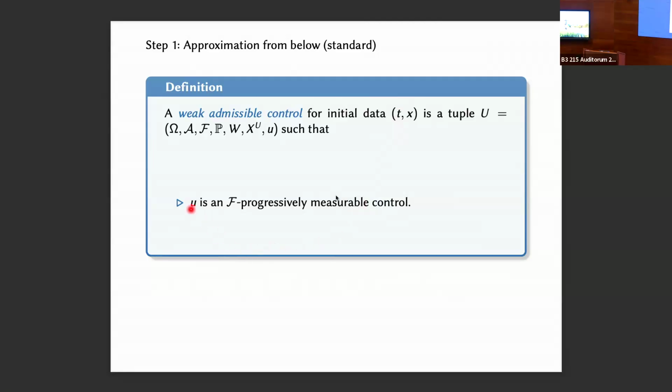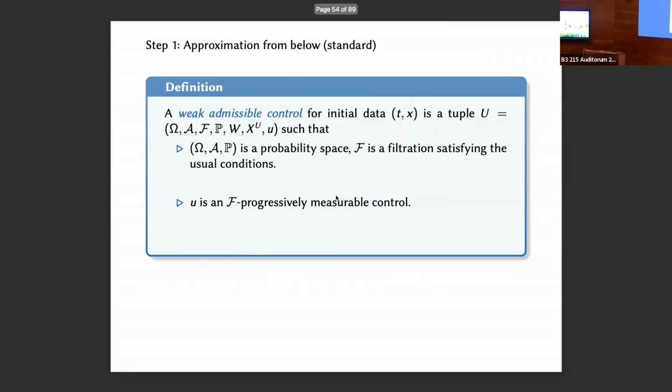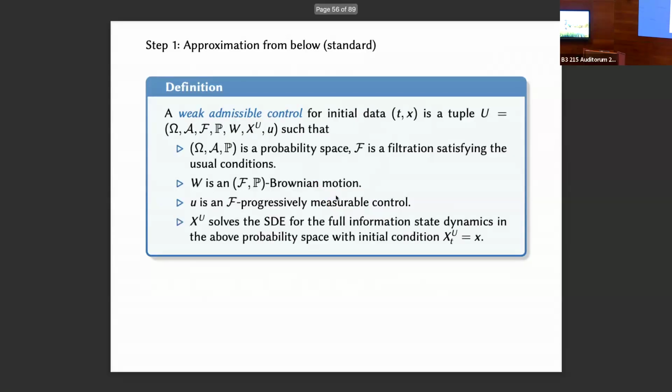You can still choose your control, but now in addition, you also choose your probability space, your filtration satisfying the usual conditions, and the Brownian motion yourself. And then you want X to solve the SDE on that probability space with that driving Brownian motion that you are choosing yourself. So essentially, we are looking for weak solutions of the SDE. All possible weak solutions.